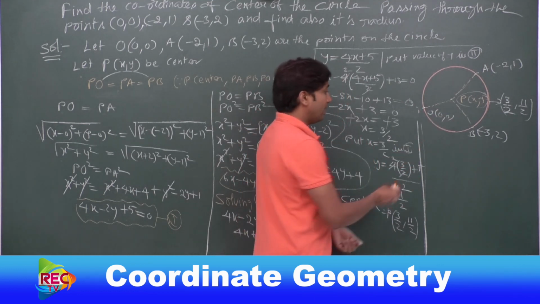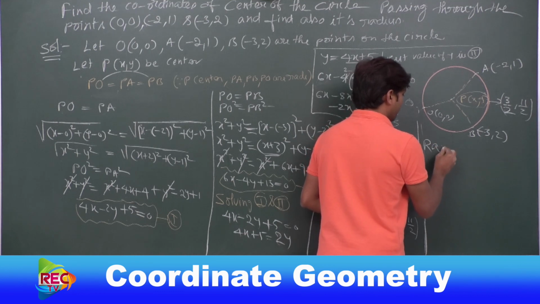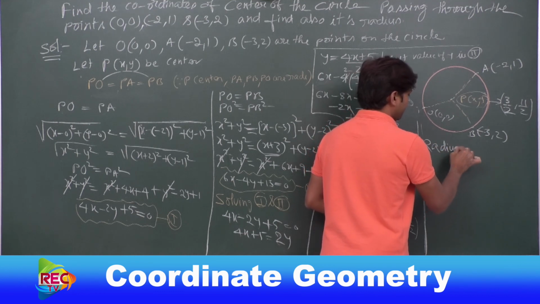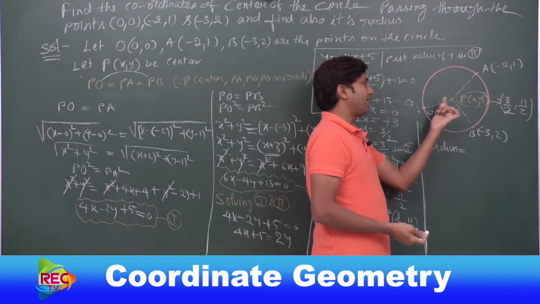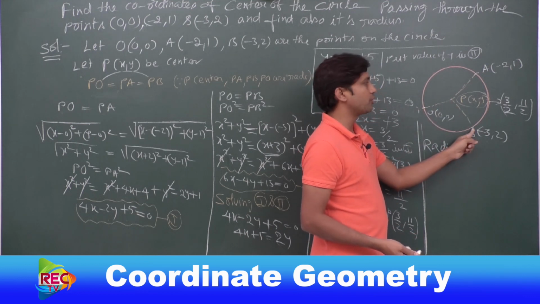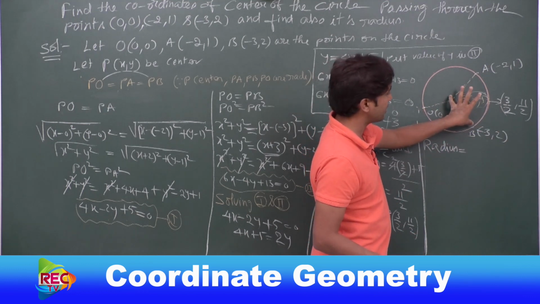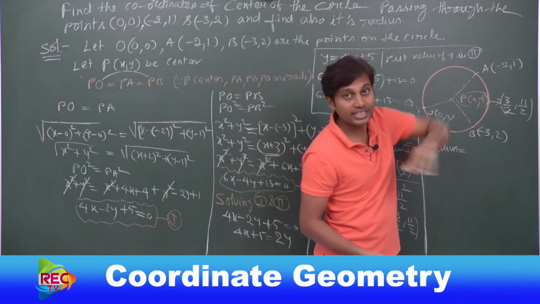Understood? So radius is equal to the distance between the center and a point on the circumference. You can take these two also, or find the distances between these two, or these two. It depends on you.